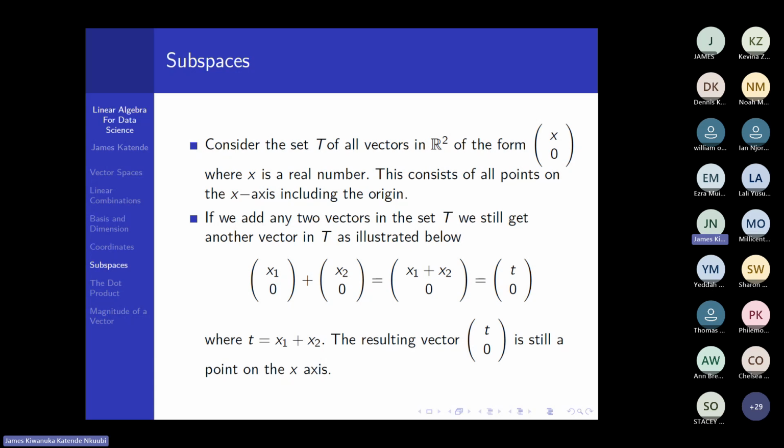Again, this vector has the y coordinate 0, and therefore it's a vector of this form. So that means if you add any two vectors from this set, you will get another vector in the same set. The point you get will still be on the x-axis, as we observe here. It won't move because the y coordinate is still 0.